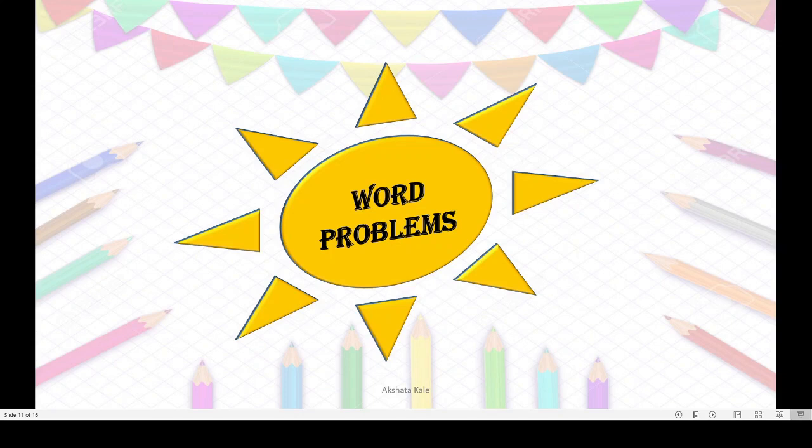Like that. Here also we will go through the same method, but the sum is given as a word problem. It uses some sentences and it explains a sum. Then we have to read that sum and understand it, and afterwards we have to solve it. Okay?